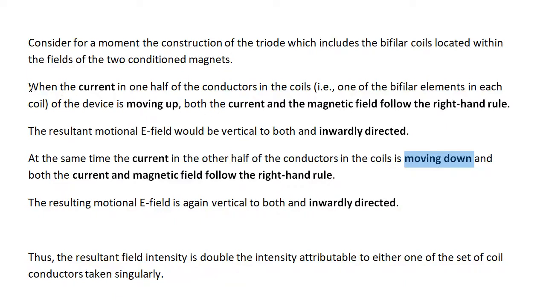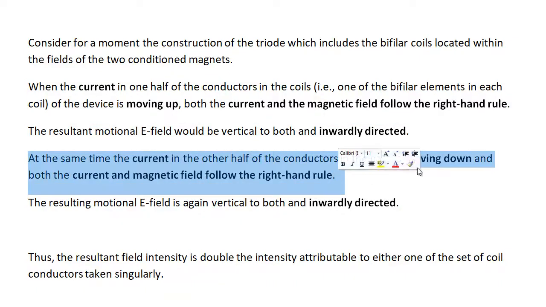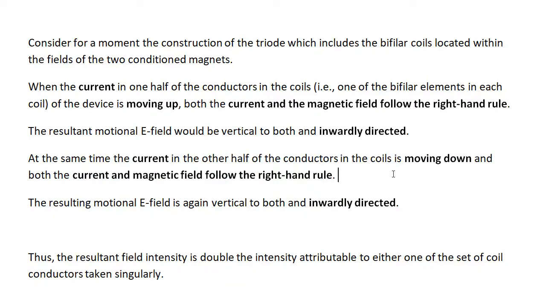Okay, so we're talking about one bifilar element, current and the right hand rule in one direction moving up, and one bifilar element moving down, current and the magnetic field follow the right hand grip rule. Okay, so remember the electric field and the magnetic field are at 90 degrees to each other, so one vertical to both.